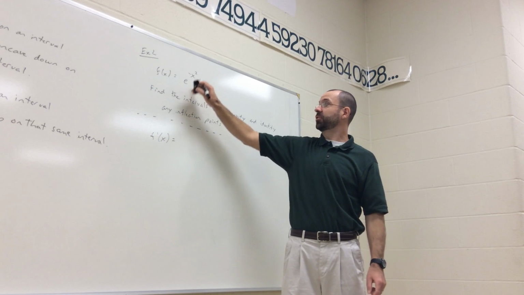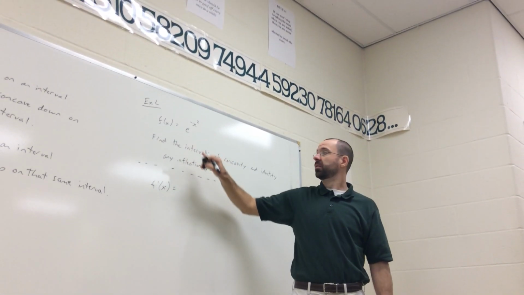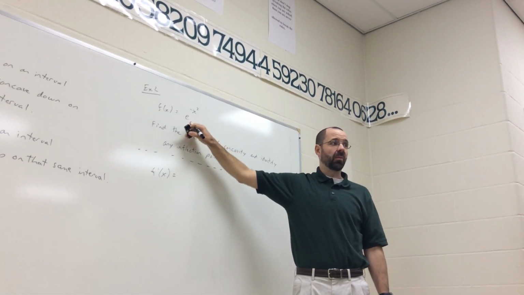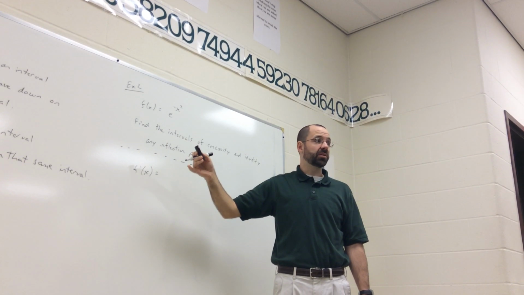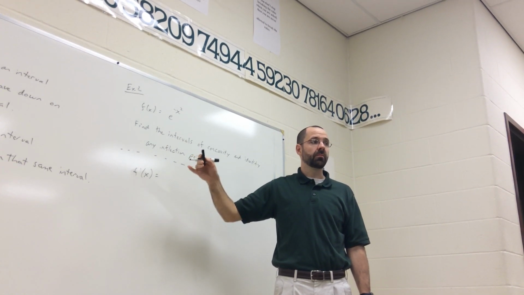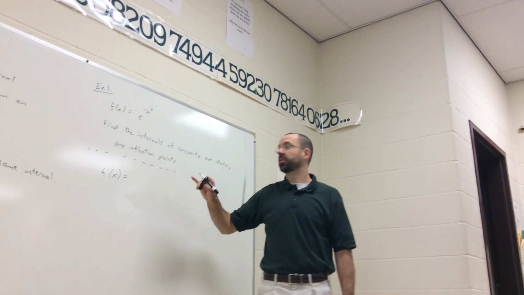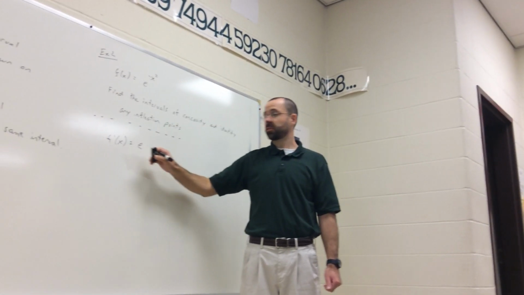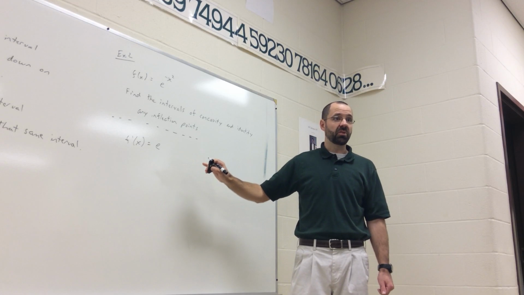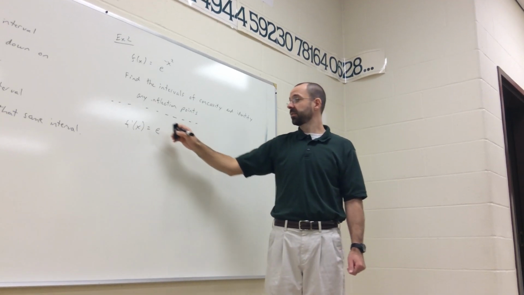So we've got e to a mess here. So that's a chain rule problem. The outside function is e to the x, and then negative x squared is plugged into it. So the derivative of the outside is e to the x. But then you have to plug the regular inside into that.